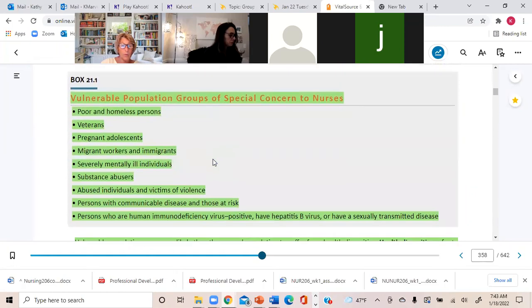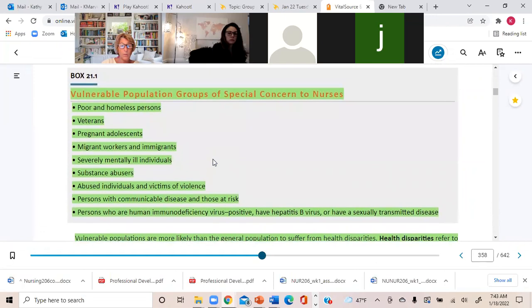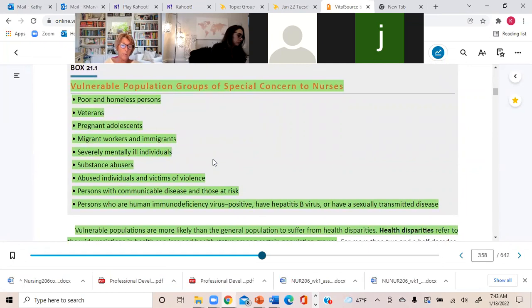Box 21.1 is a good start for identifying certain vulnerable populations. We've talked about a lot of these: veterans, pregnant adolescents. And remember, if you get a select-all-that-apply question asking who is a vulnerable population, students in the past have gotten tied up on this.